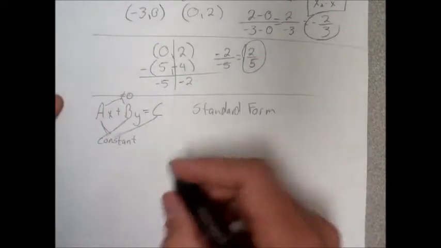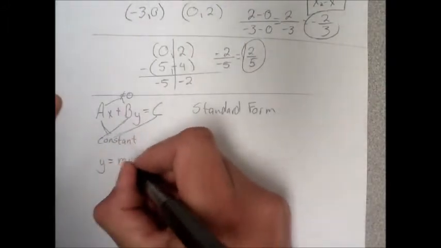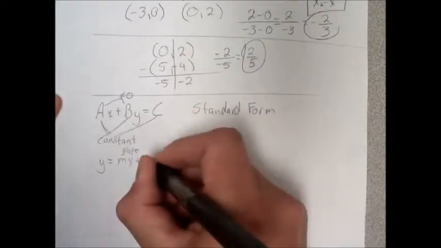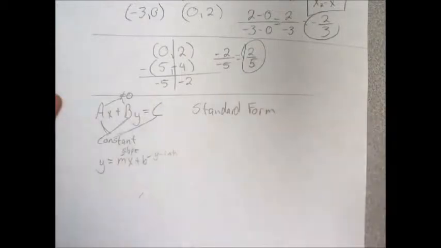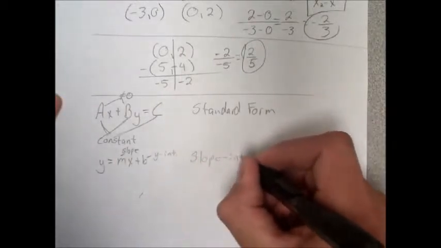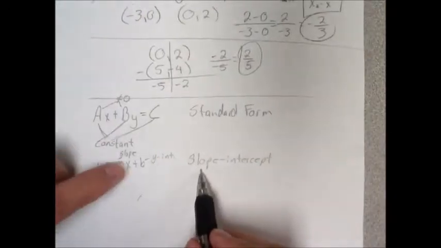On slope-intercept form, that's the one we're most familiar with. It's y equals mx plus b. I know y'all guys should know this, but I'm just going to remind you. M is slope, b is the y-intercept, and that is slope-intercept form. And they call it that because it involves the slope and the intercept.